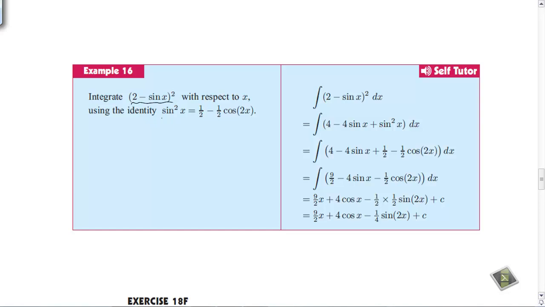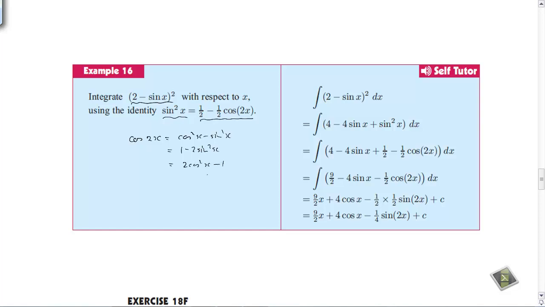Using this identity here, sine squared is a half take a half cos 2x. Where did that come from? Well, if you check the formula book, it comes from the section where you have the double angle formula. Cos 2x is cos squared x take sine squared x, or it's 1 take 2 sine squared x, or 2 cos squared x take 1.